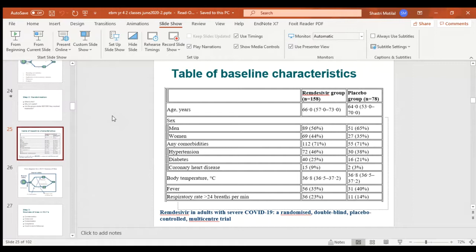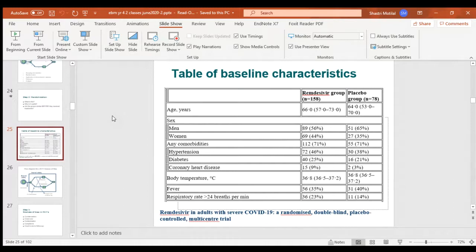This study concluded that remdesivir was no different than placebo in terms of outcomes in patients with severe COVID-19. It found no difference. Even in a case like that, you still have to wonder, is there a reason for it? Could it be that the remdesivir group was already more sick to begin with compared to the placebo group? This is what randomization tries to circumvent and avoid.